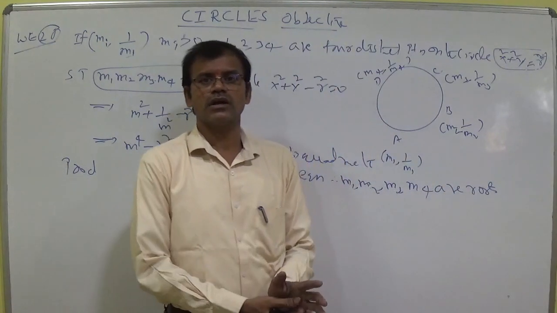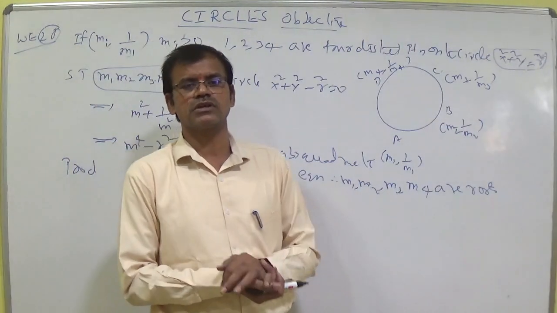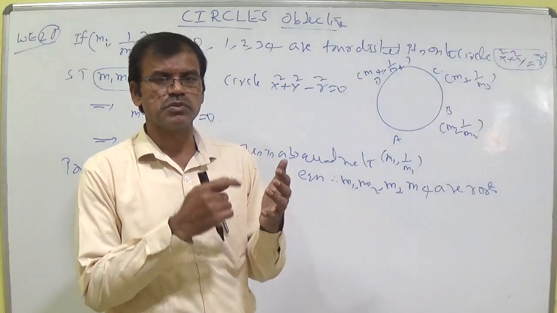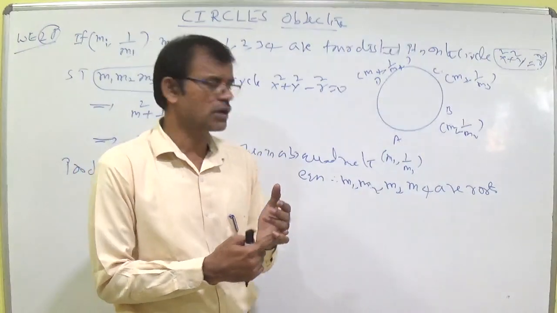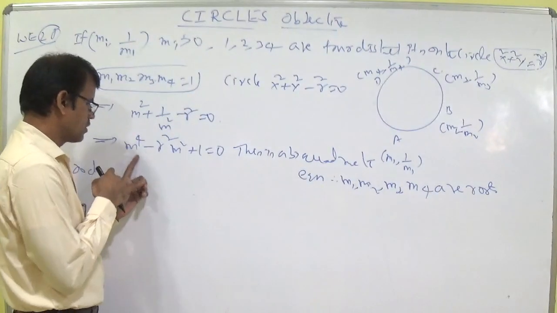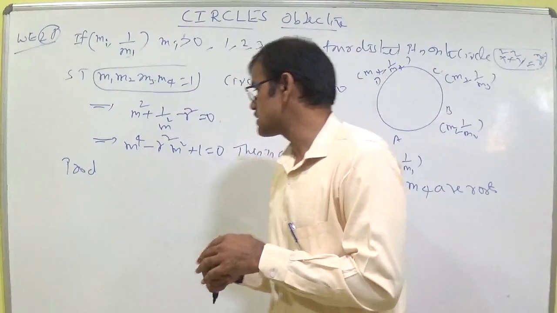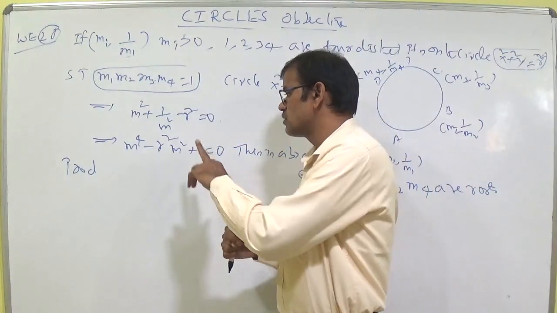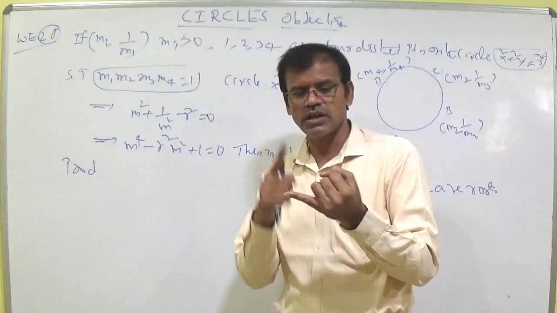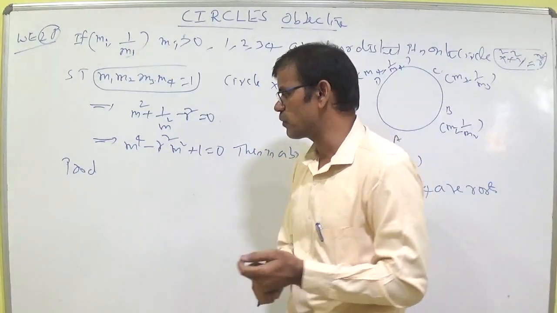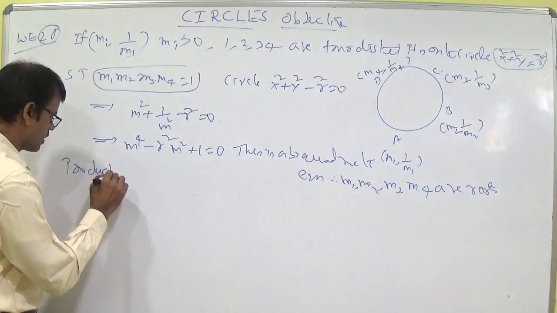I think you know that for a quadratic equation, sum of roots equal to minus b by a and product of roots equal to c by a. Similarly here, the sum of roots m1 plus m2 plus m3 plus m4 follows the alternating signs, and the product of roots we get is plus 1.